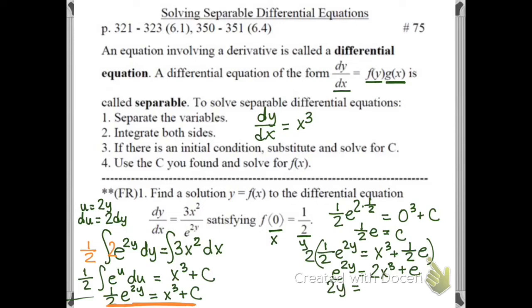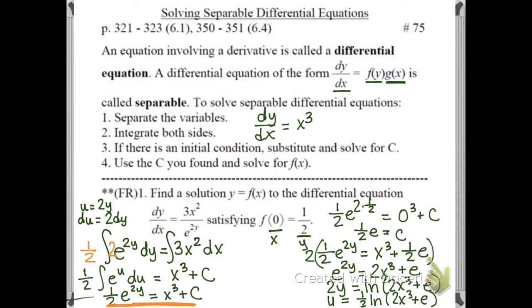We're just left with 2y is equal to, and then on the right-hand side we have ln, and we have 2x cubed plus e all in the integrand. Or I'm sorry, all in the argument. That's all in the argument of ln. Okay, and then lastly, to get the y by itself, we're multiplying by 1/2. So we have y is equal to 1/2 ln of 2x cubed plus e.